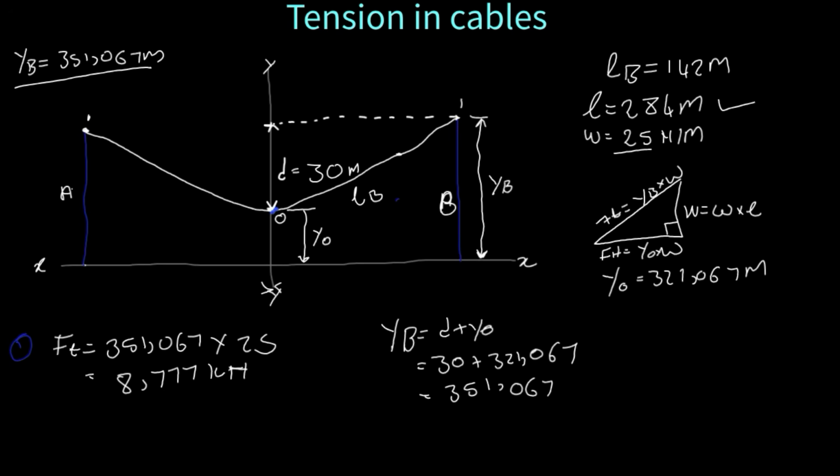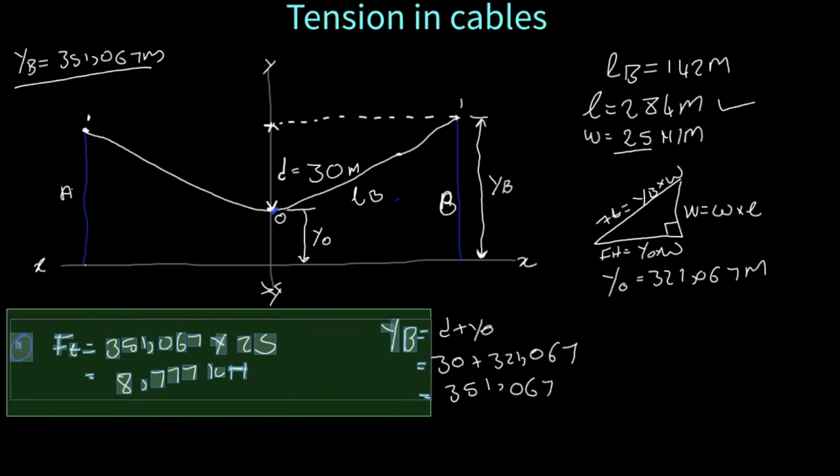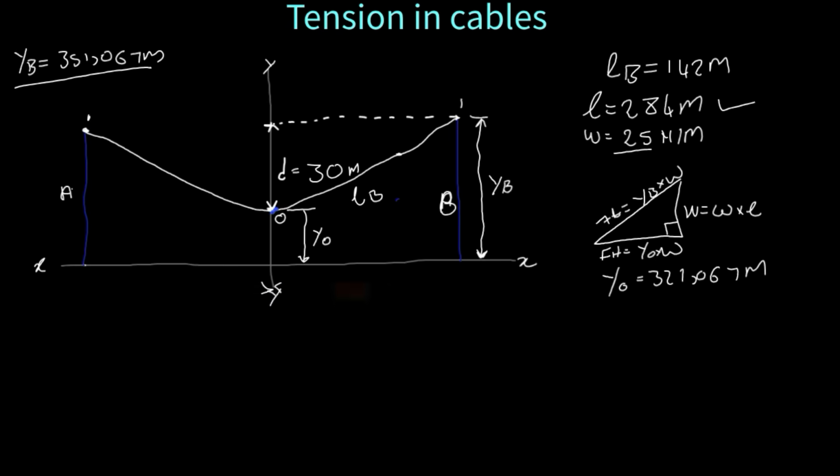Let's erase everything and do the second question. They say calculate the minimum tension on the cable. Minimum tension on the cable is going to occur at the turning point. Number 2, FH is equal to W times yo.